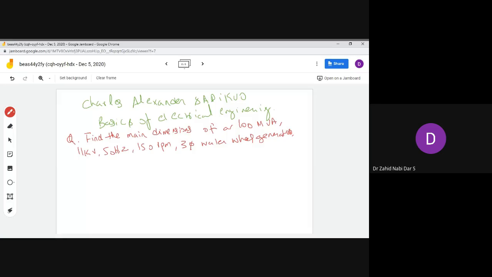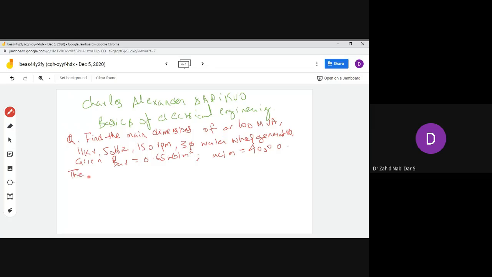Given B average is equal to 0.65 Weber per meter square. Ampere conductor per meter is equal to 40,000. Sorry, 40,000.